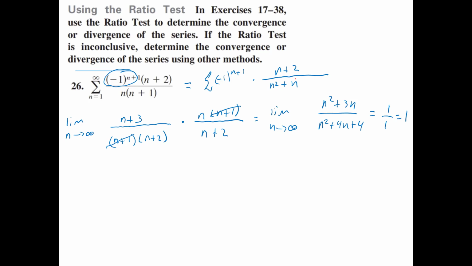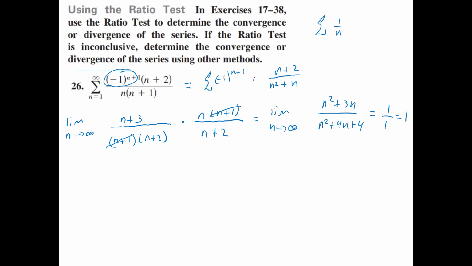And if we ignore all but the factors, the terms that contribute the most growth, you should be thinking the series n over n squared, which is 1 over n. You just ignore the 2 and ignore the n, you'll get n over n squared, and you will have 1 over n. And so then you know that this series diverges, so then the absolute value of this series is going to diverge, right?